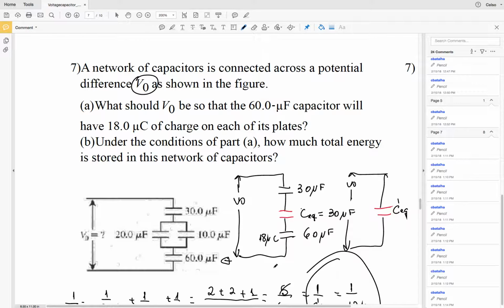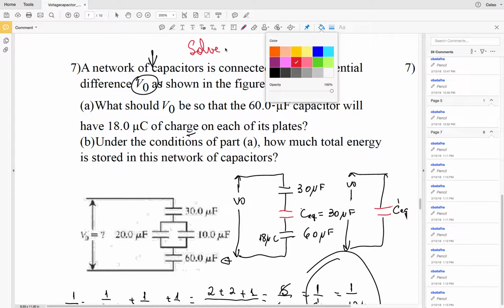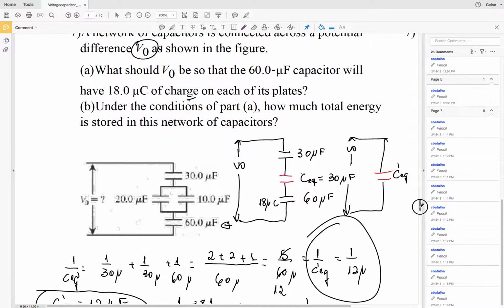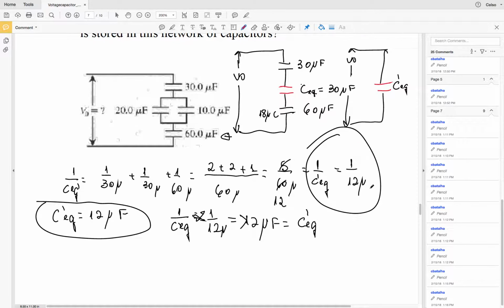So what we want to solve for is V naught. This is what we want to find. We developed to the point that we have one equivalent capacitor whose capacitance we know, right? We know this. So we want to find V naught.